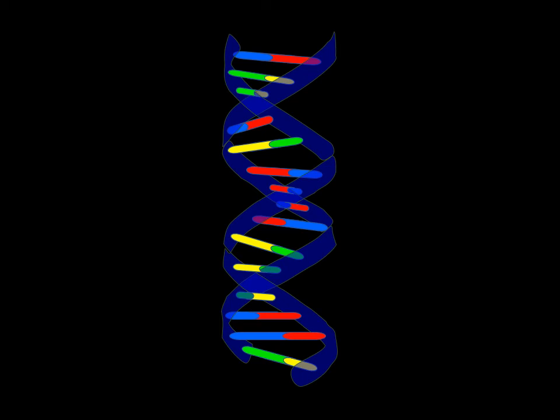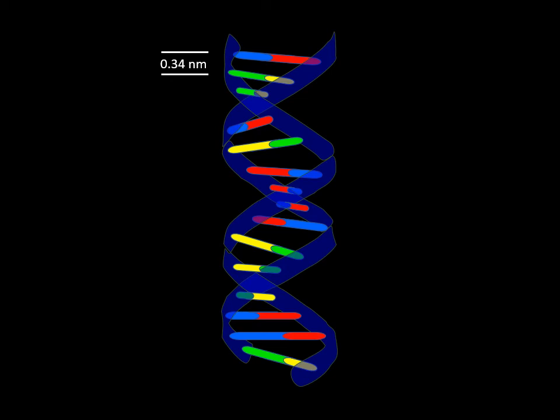We can identify in each double helix a distance between individual base pairs. And the distance between individual base pairs is 0.34 nanometers.